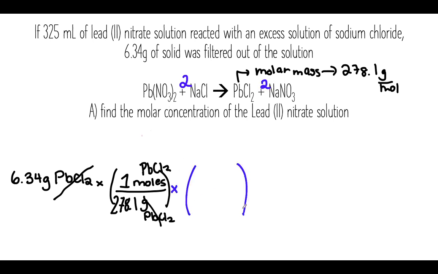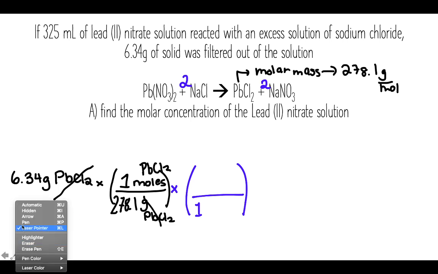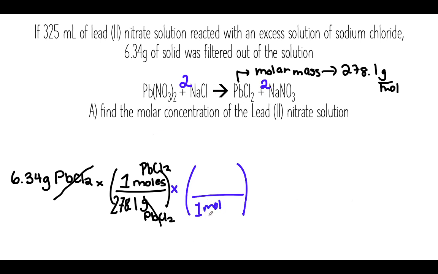According to my balanced equation, for every 1 mole of PbCl2, I have 1 mole of Pb(NO3)2, right? So that is a 1-to-1 ratio, which is great. So now my moles of PbCl2 can cancel out.